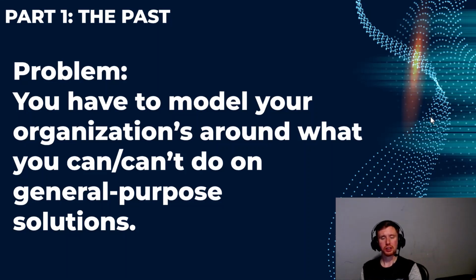They're trying to get the tools to do what they want, but they can't, so they have to model their organization's processes around the limitations of these tools. In my opinion, that is not the best tool for the job, because ideally you want your pipelines to be an organic reflection of how you work. That's the trade-off between something like Jenkins and the new solutions.